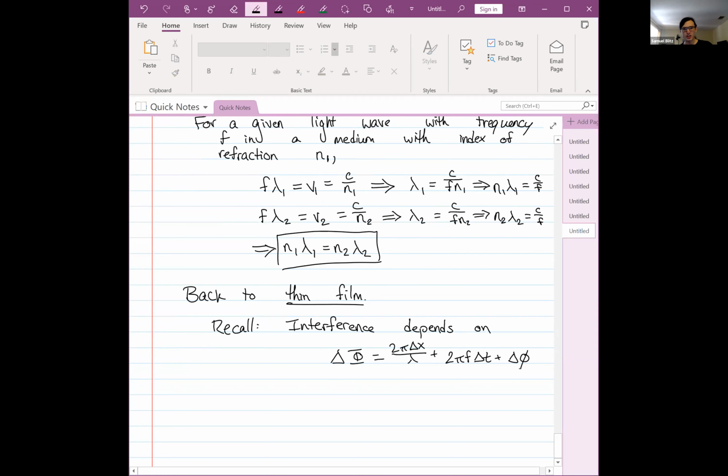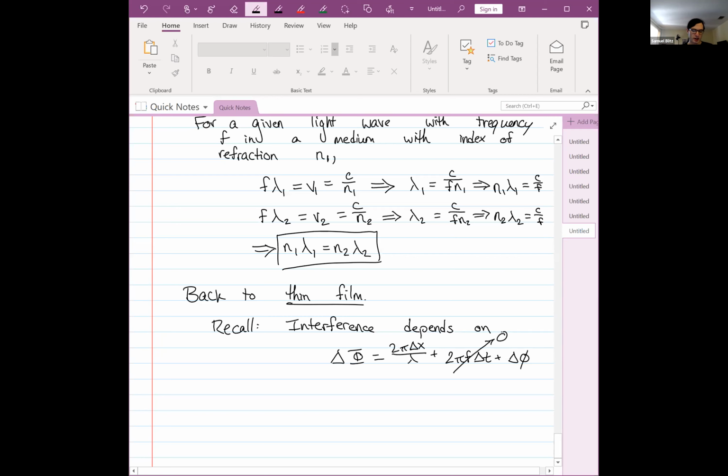So what we're just going to do is imagine that we set t equal to 0 for both of them the moment the light wave hits the first medium, hits the thin film, because then both the reflected wave and the transmitted wave will have started at the same time. And so we can just say that there is no time difference, that they've been on for the same amount of time. So we're just going to call that 0.